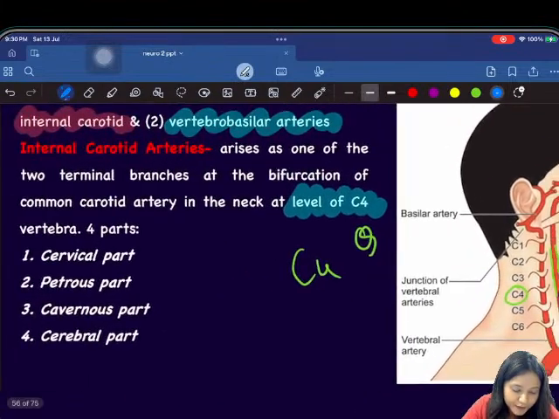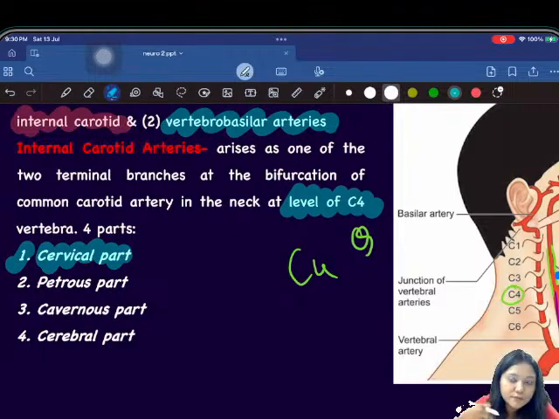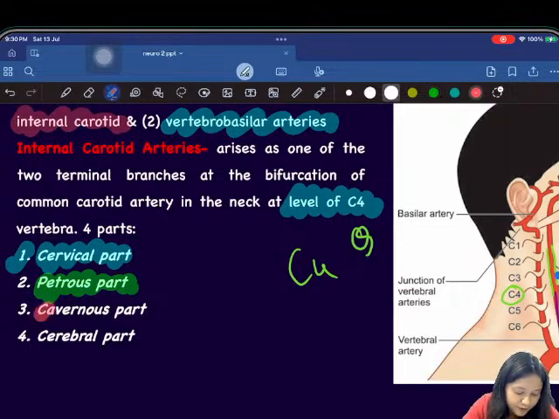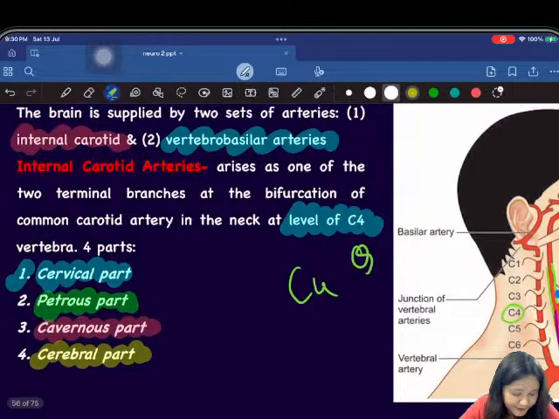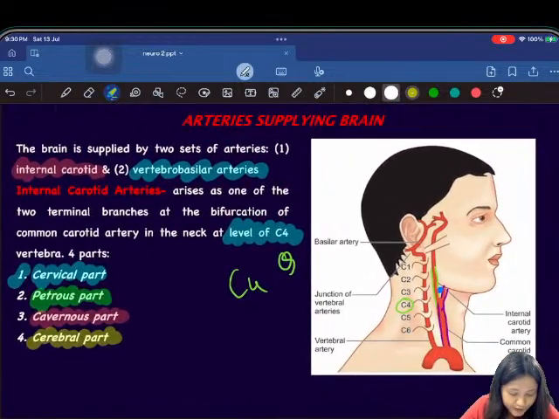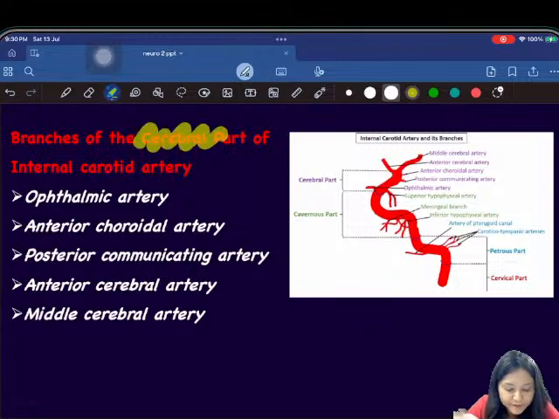Now the internal carotid artery has a cervical part, that is in the neck region. You have a petrous part, in the petrous part of the temporal bone. Then you have a cavernous part, in the cavernous sinus, and you have a cerebral part. These are the parts of the internal carotid artery, and we are mostly concerned with the cerebral part in the brain.